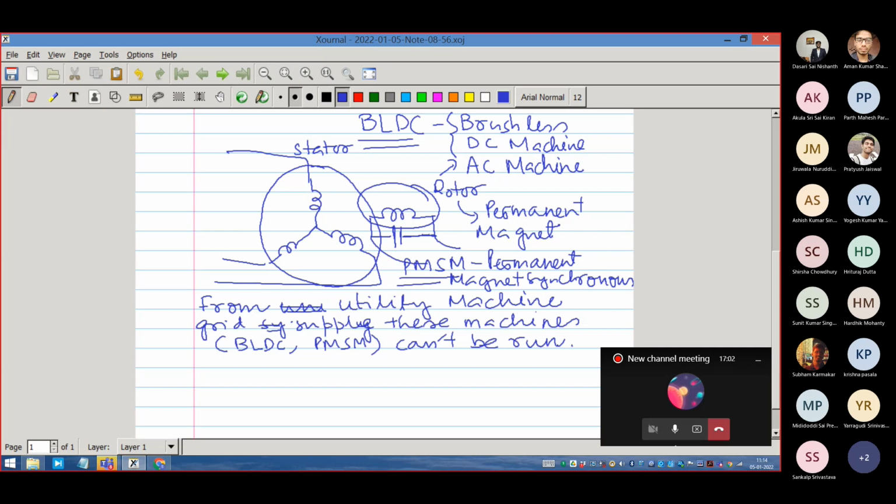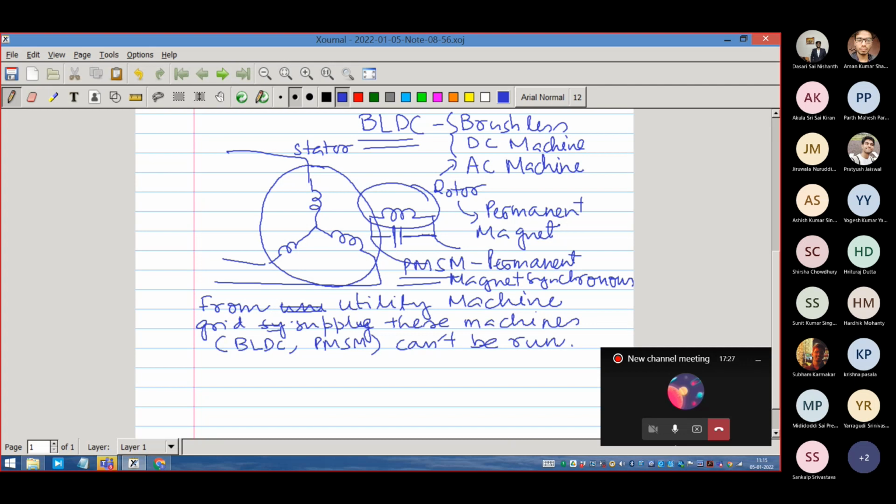So you are seeing that electronics is entering into the machines, the way the machine requires its supply. That means what we are understanding is it's not just necessary somehow to connect an energy source. What energy source we are connecting, in what form these energy sources are available, is also important.